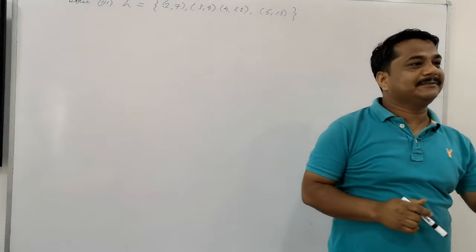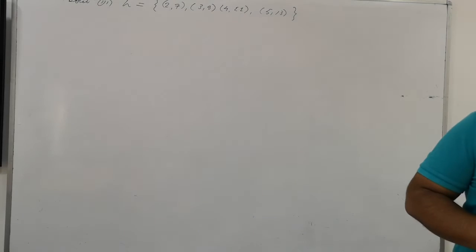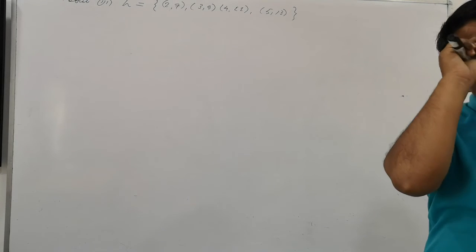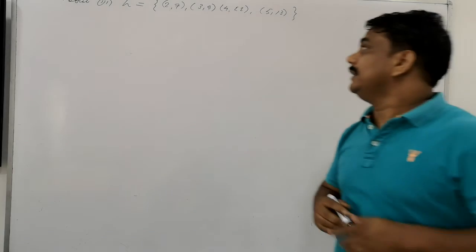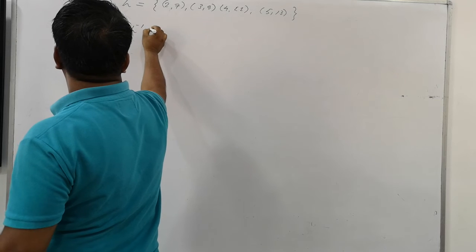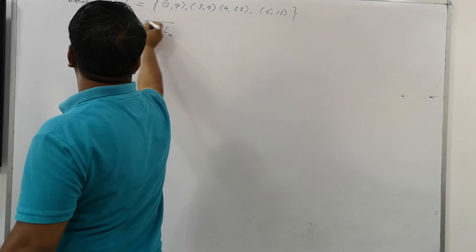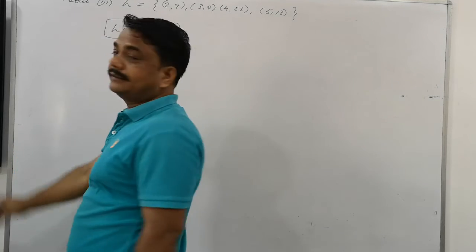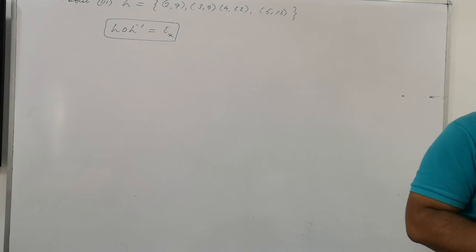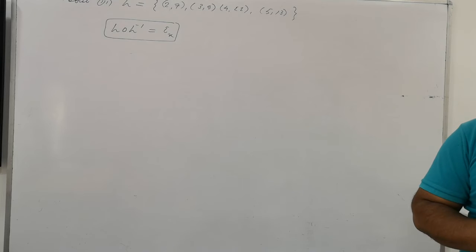Yes, H inverse is possible. So you will write here this H inverse is possible, meaning H has its inverse. Why? Because H of x is equal to I of x. This can be achieved, meaning there exists a function here which we can bring here. So H inverse is possible.